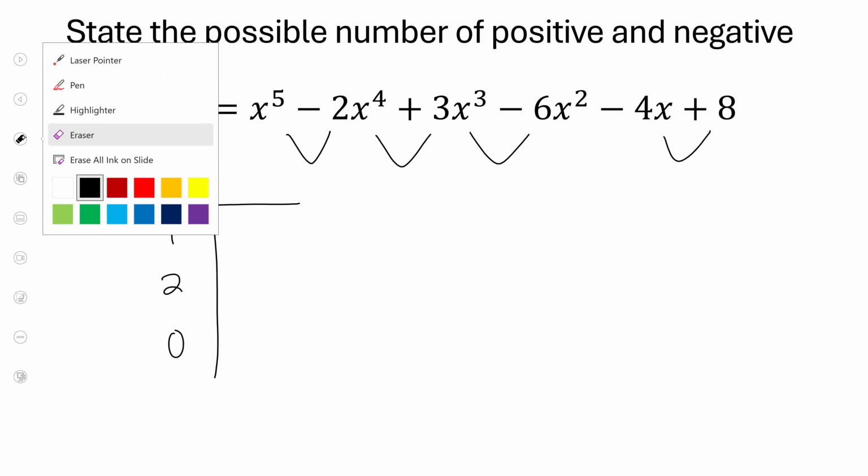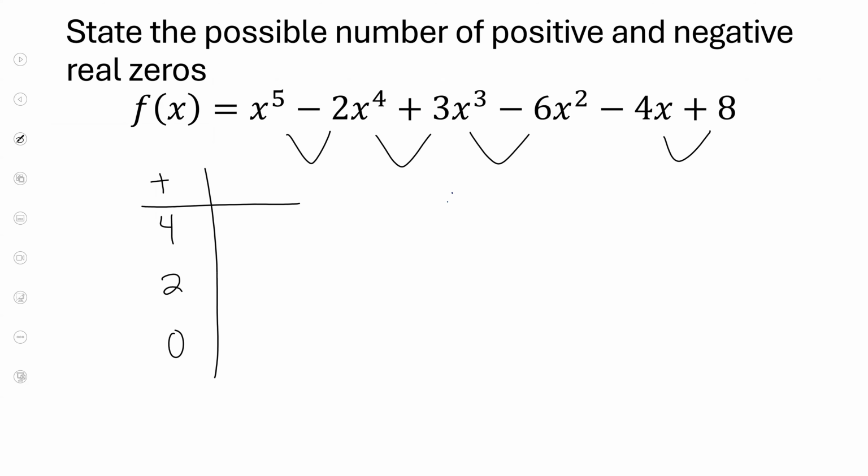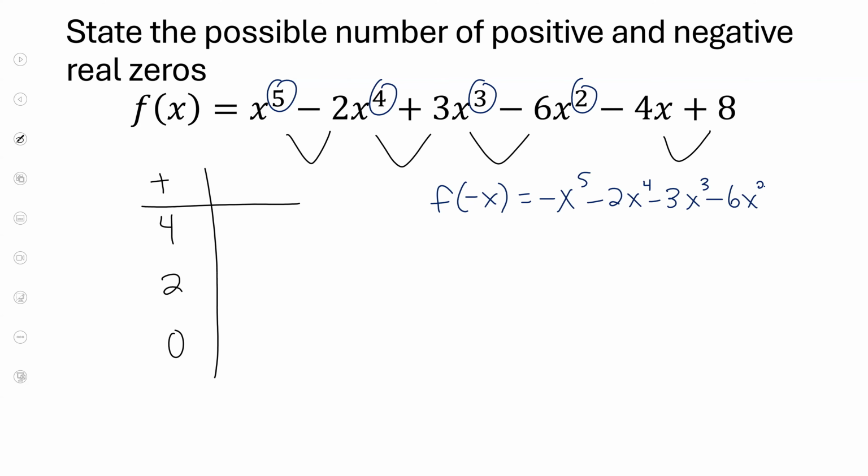Now, let's figure out what it would be for odd. F of negative x. This will change because it's odd. That will stay the same because it's even. This will change because it's odd. This stays the same because it's even. This is odd, so it'll change. Constants stay the same.